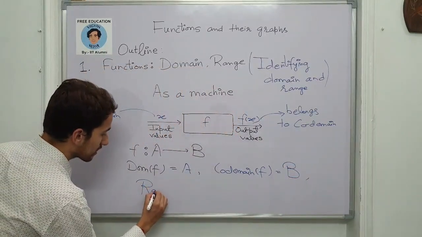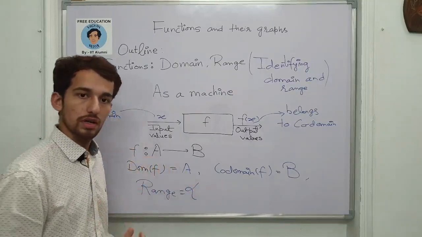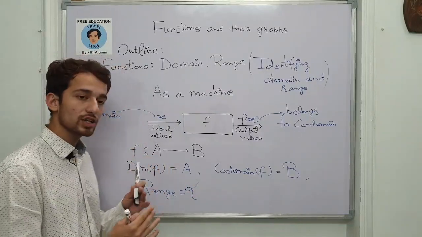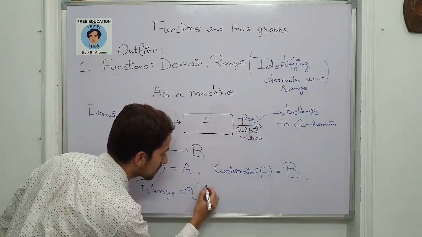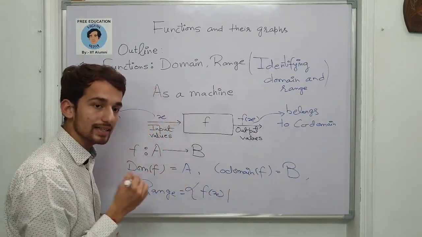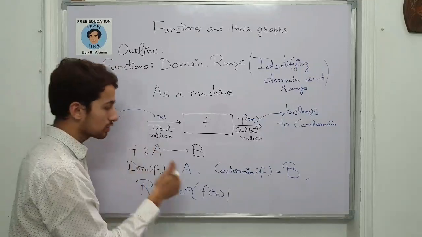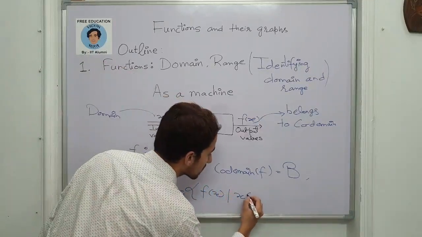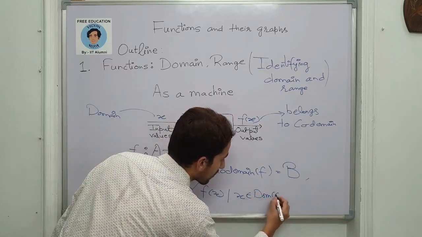This is a very important concept which we're going to use throughout the course, so try to understand this. Range is the collection of all the images. Your images look like this, an expression of the form f(x), such that you get these images corresponding to elements from the domain. So x belongs to the domain of f.